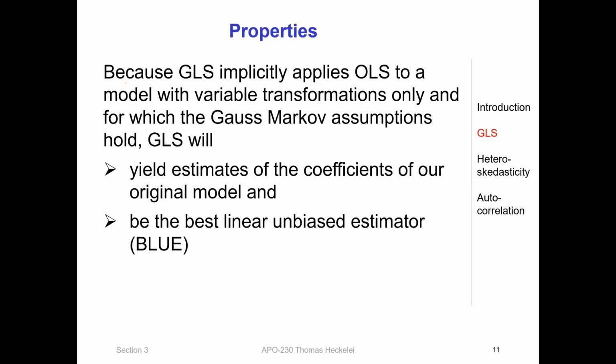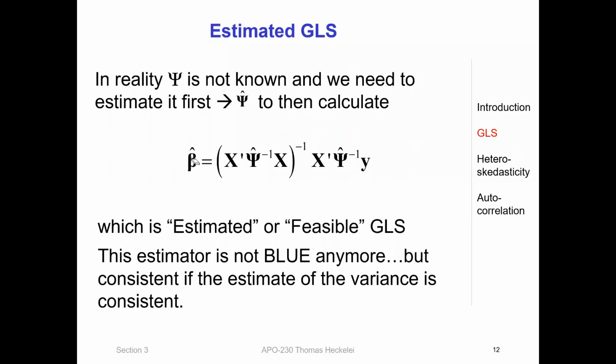Now, unfortunately, in reality, psi is rarely known. So we would not be able to know exactly what elements are inside the psi or what the DC is. Therefore, we need to estimate it first, just like we estimated the variance and other things that we have seen up to now, right?